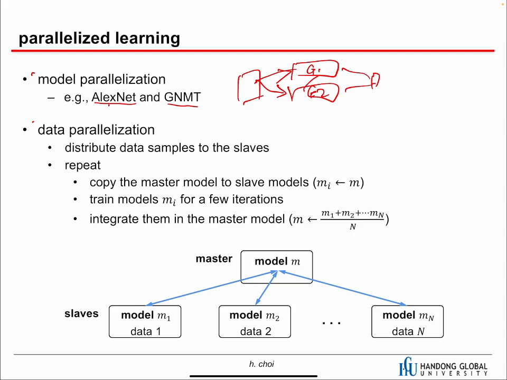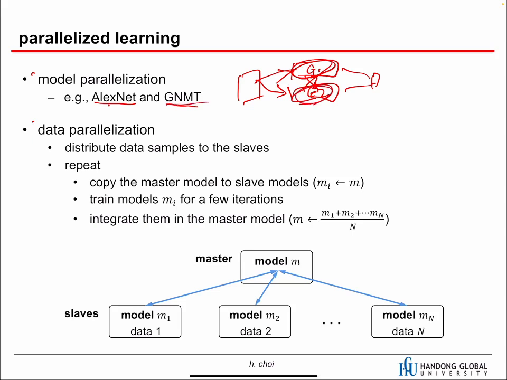Sometimes they pass some information between these two GPUs. So what I'm saying is that in model parallelization, we split the model, and each computation unit can process some part of this model, and another part can be done by another computational unit.